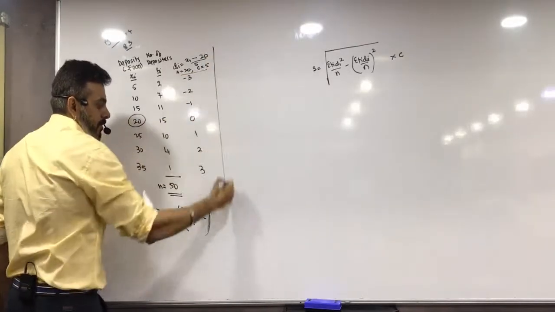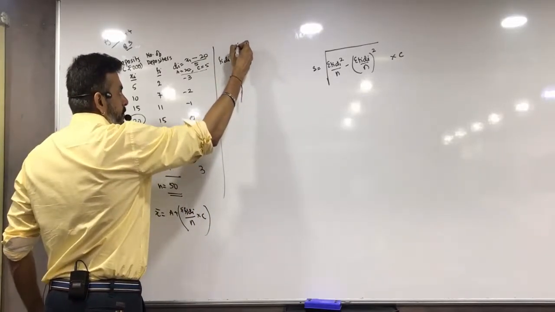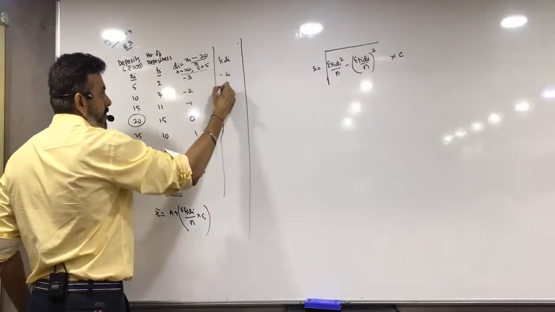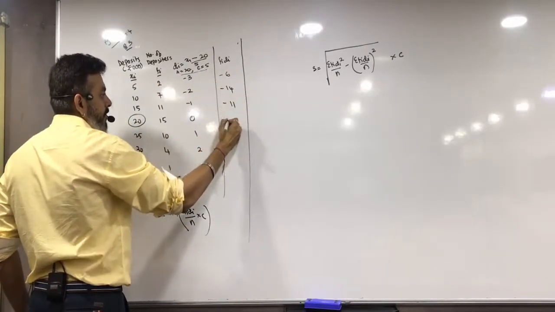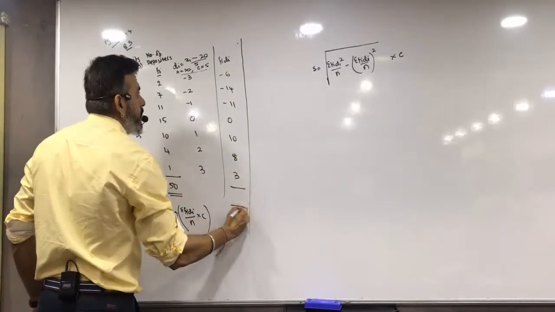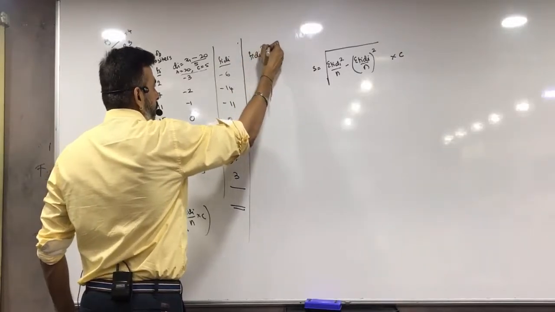Next, what do I want? fi di: minus 6, minus 14, minus 11, 0, 10, 8 and 3. And then fi di square.